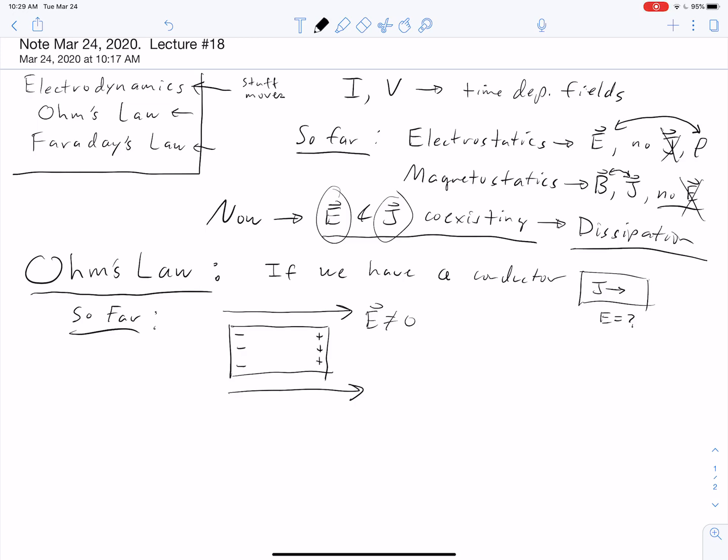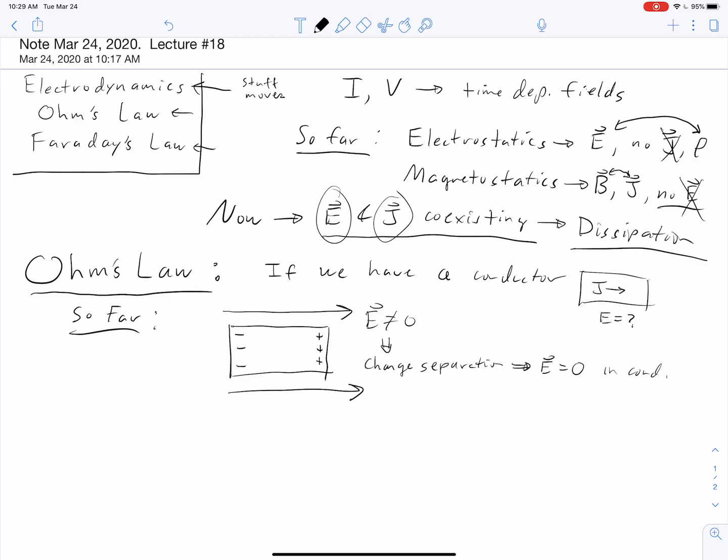This is also called screening, charge separation, such that E equals 0 in the conductor.